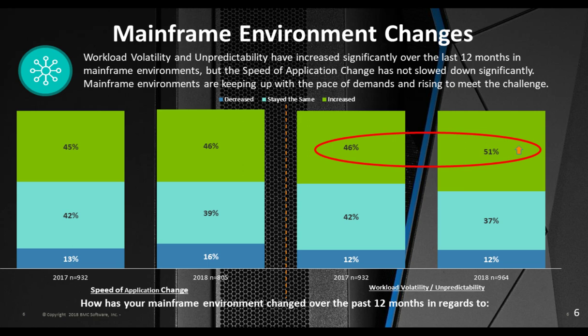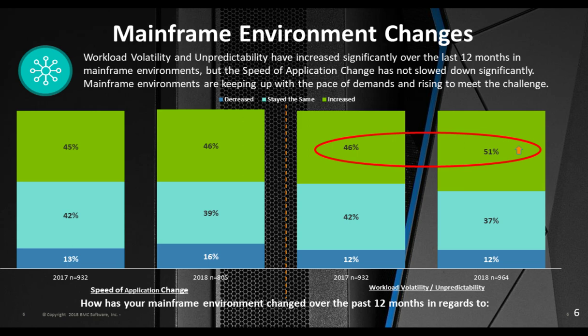And one of the options was more than 25%. And those responding that application changes had increased more than 25% increased year over year by several percentage points. So while change continues at a fairly steady pace, the rate of change seems to be accelerating.